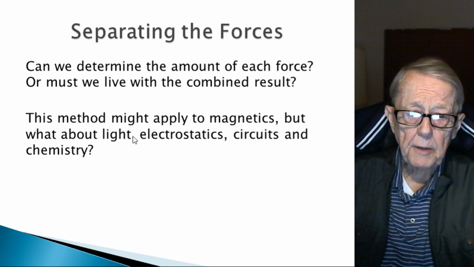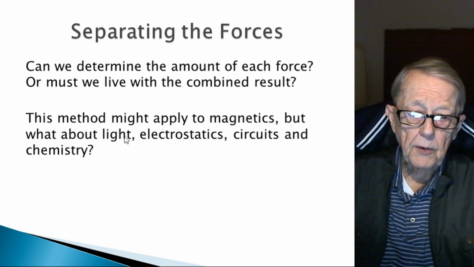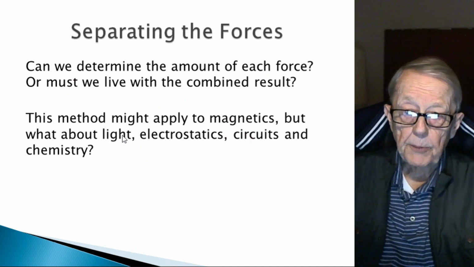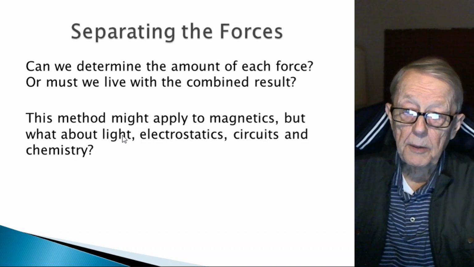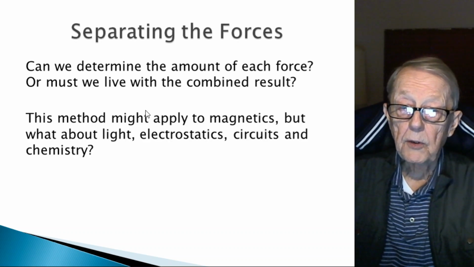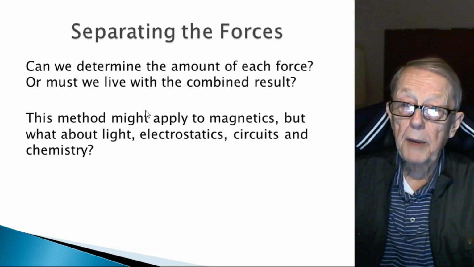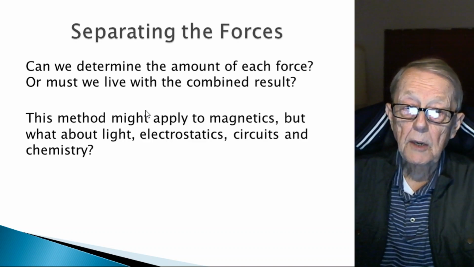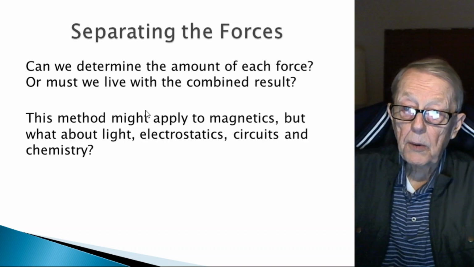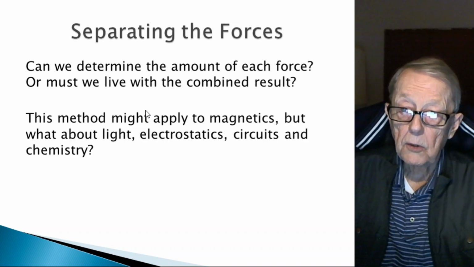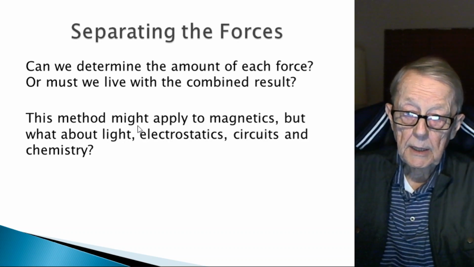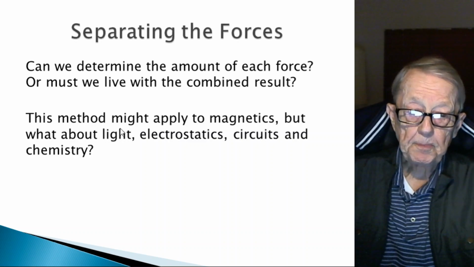So separating the forces, do we have to do that? We don't do it for gravity 1. Maybe we don't have to do it for gravity 2, and we can still make it a useful equation. We have an empirical equation for gravity 2 based on Coulomb's equation. So maybe it's useful anyway.